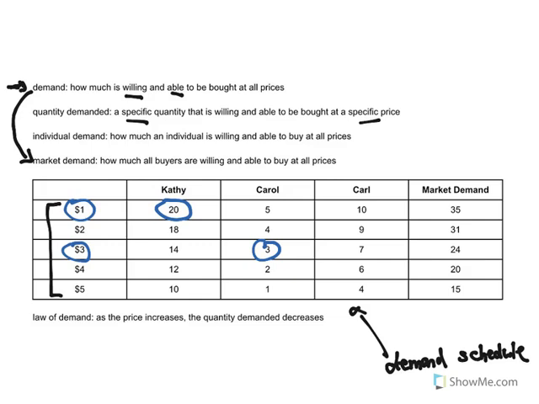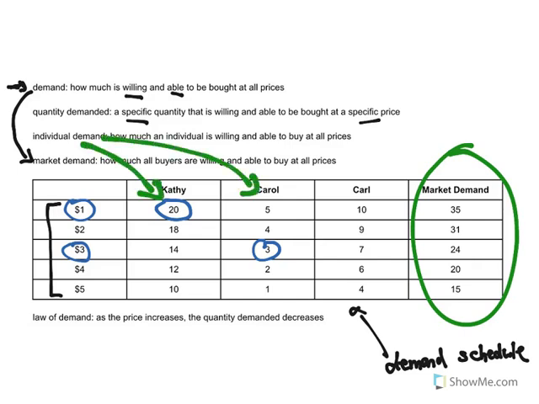The only column that's not a quantity demanded is this last column, market demand. Market demand is the sum of individual demand. This is individual demand, this would be individual demand, and so would this. All three of those would be individual demand.